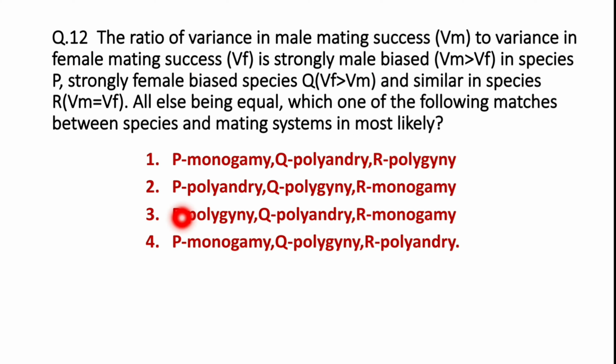The options are: P monogamy, Q polyandry and R polygyny.